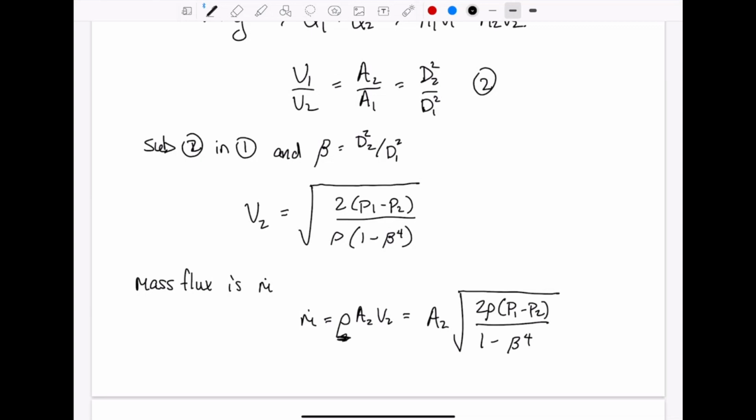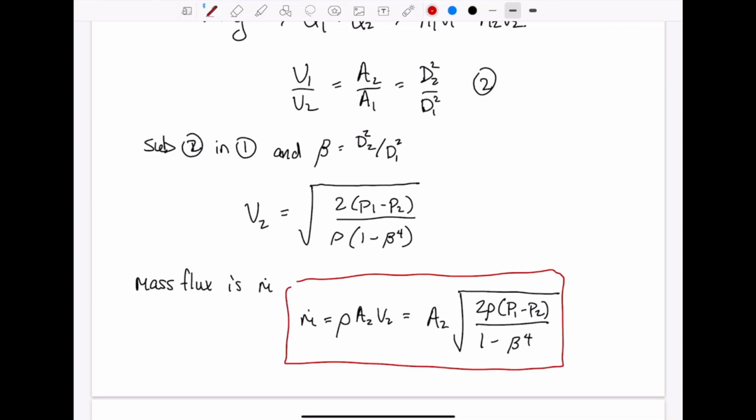So this rho over here, we brought it inside the square root sign, so we had a rho squared on top and a rho in the denominator, so we just have a rho left over in the numerator. So this is our definition of our mass flux at the throat of a venturi, if 2 is the throat. And remember, because we didn't use the discharge coefficient, this is the ideal.